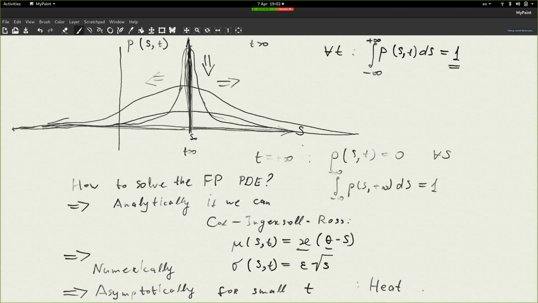And if you find it in the literature somewhere, sometime, for some purpose, you will understand what it is all about. It is an approximation which allows us to provide an approximate formula for our P of S and T, for our probability density function, at times close to 0.